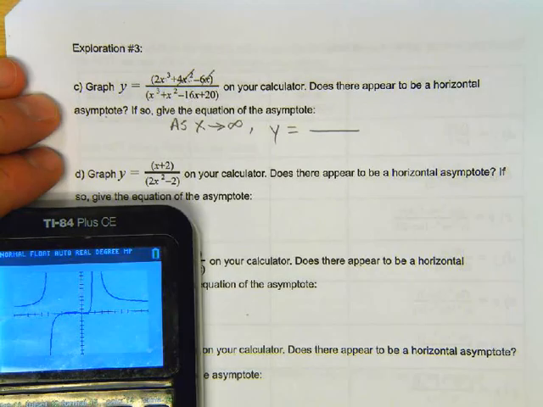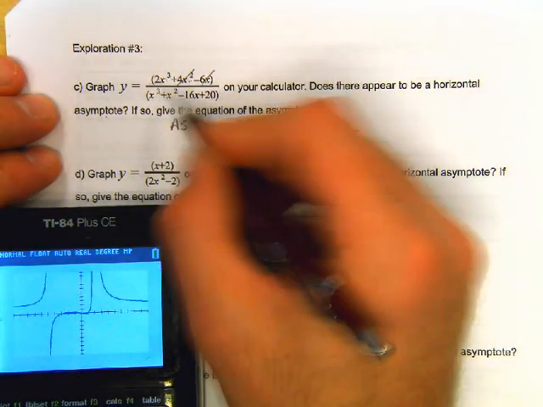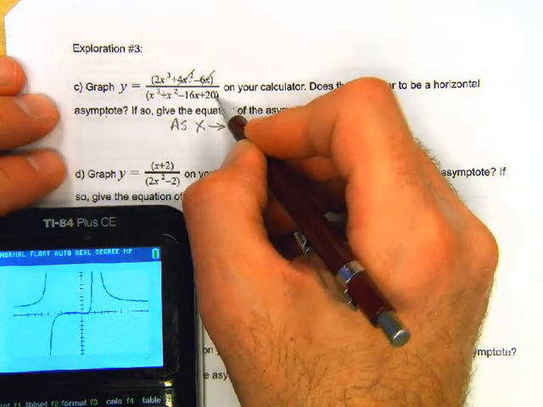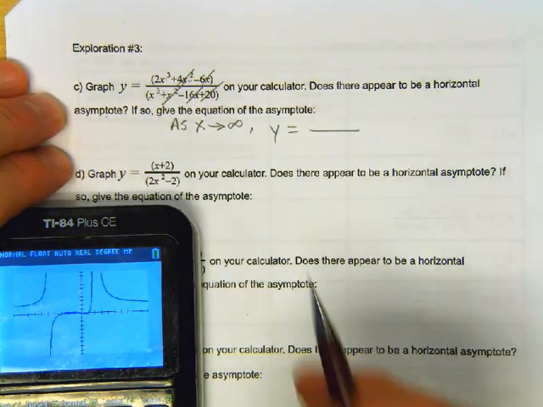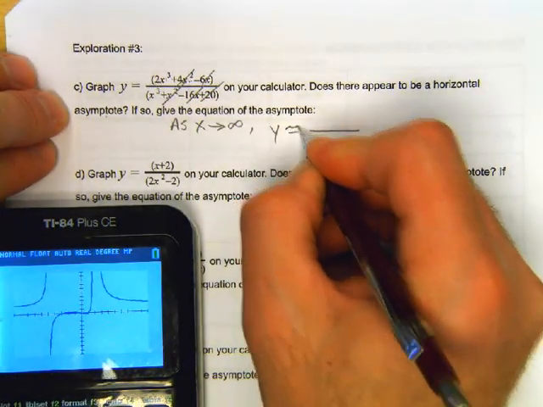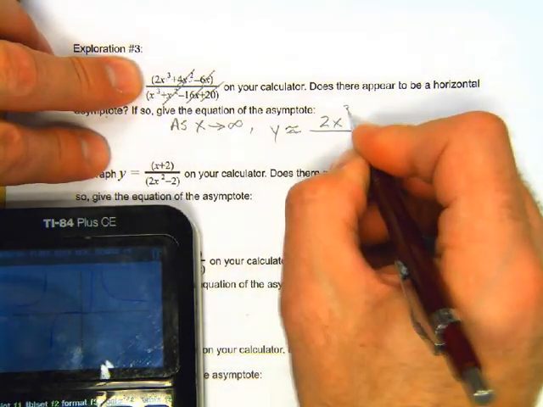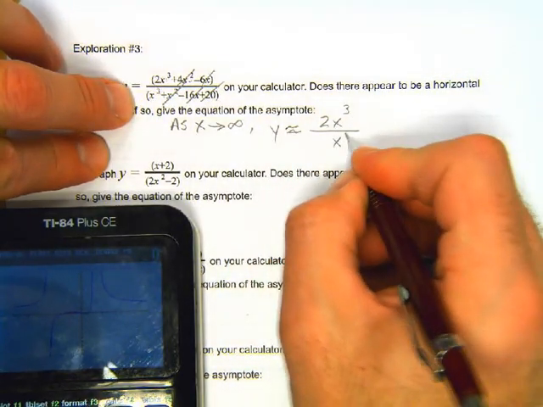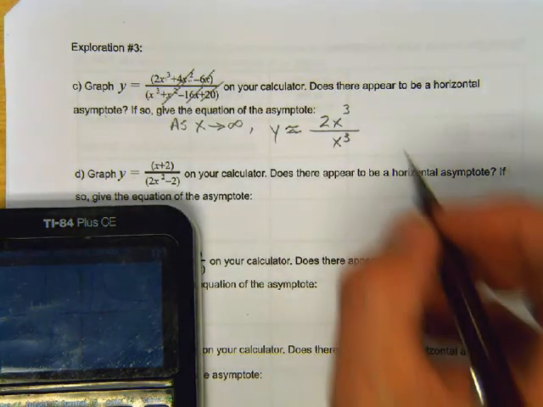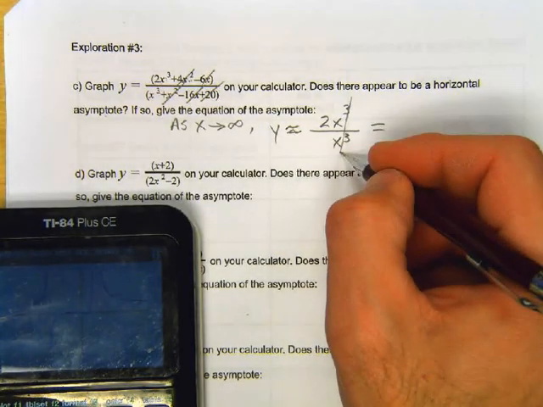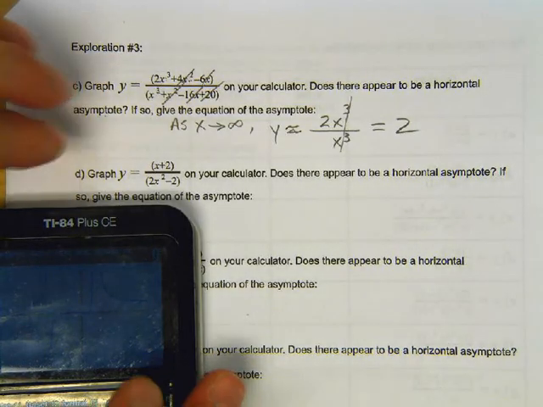So those terms are going to become insignificant, and we could consider them 0. How about x cubed compared to x squared, x and just a number 20? Same thing. Those become insignificant, and when x is big, the function y acts like 2x cubed over x cubed. And that simplifies to 2.